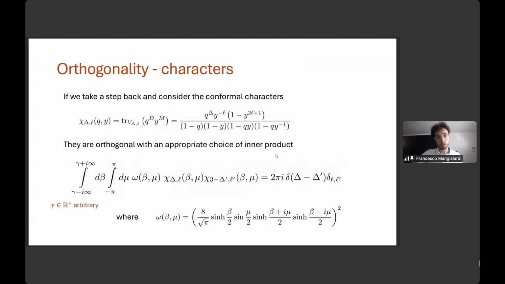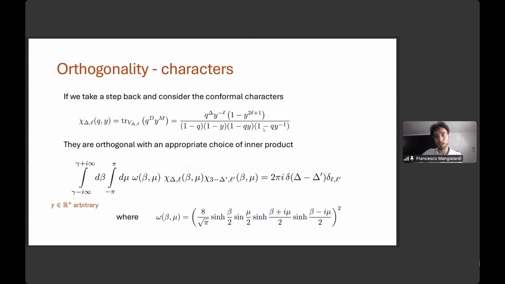And now we can come back to why our choice of basis for blocks is special. To do so, we may take a step back and consider not the one-point block, but the zero-point block, so the conformal characters, for which an exact formula is known and is very simple.